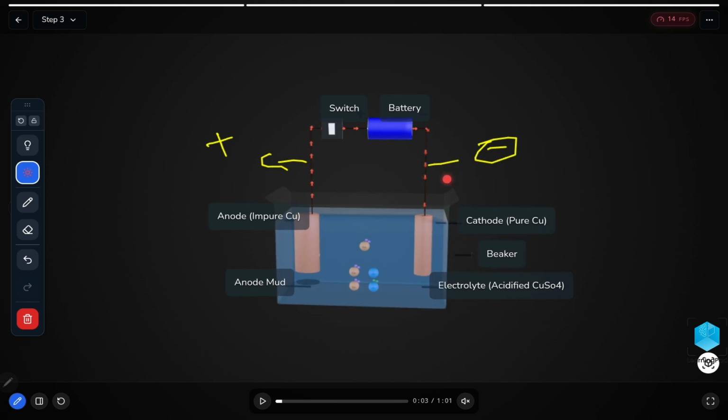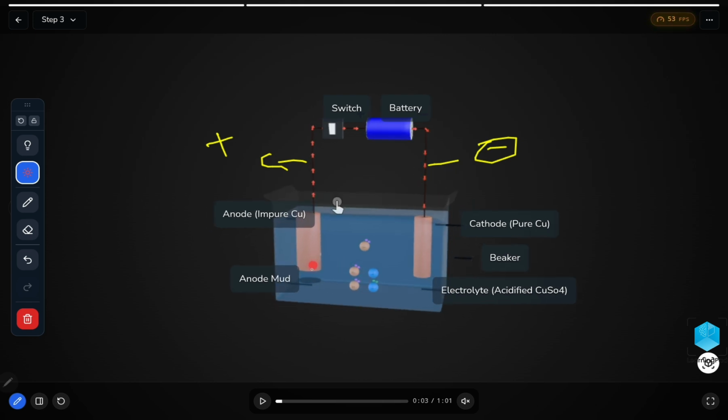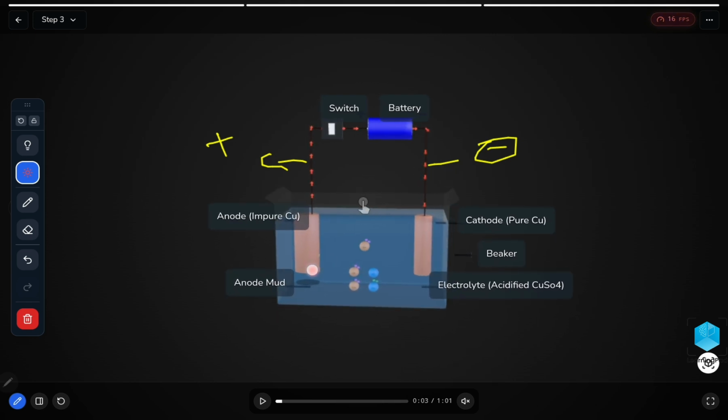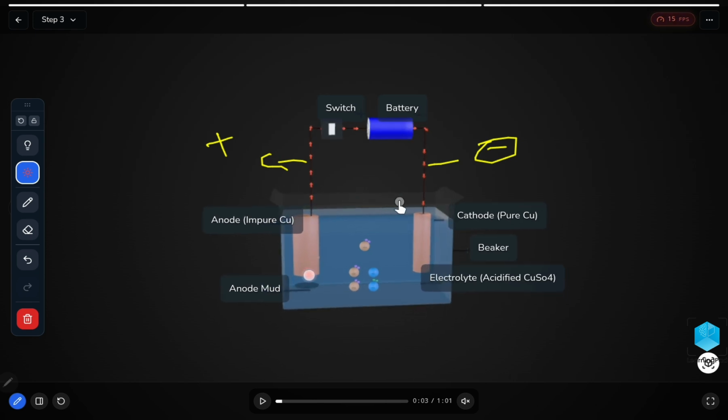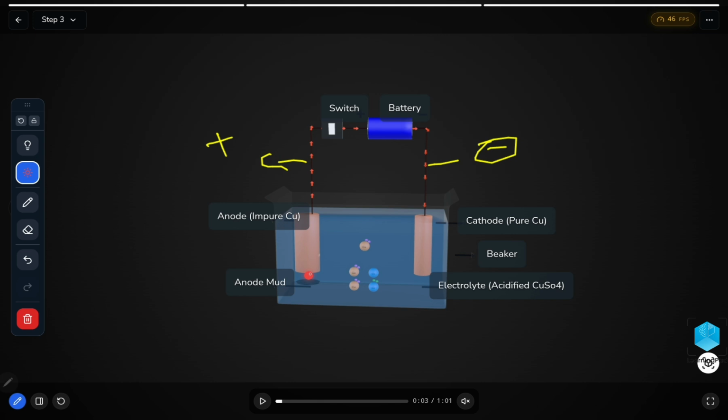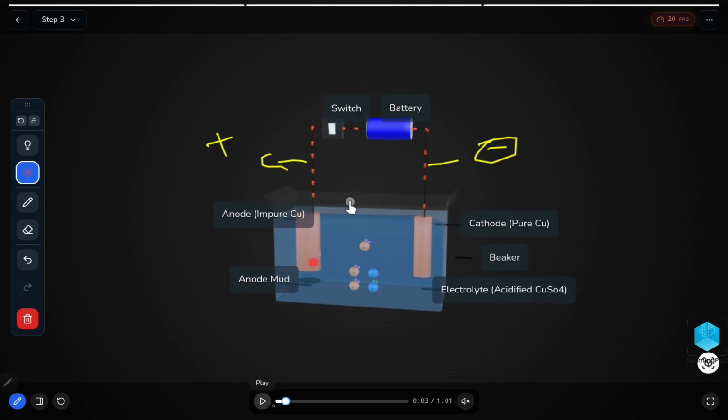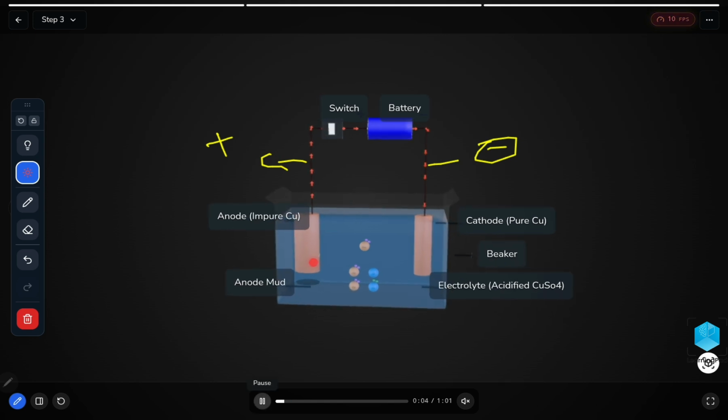Now when you pass electricity, the impure metal starts melting, or it starts dissociating into ions. When it is dissociating or splitting into ions, you can see how the molecules are moving from one end to another end.